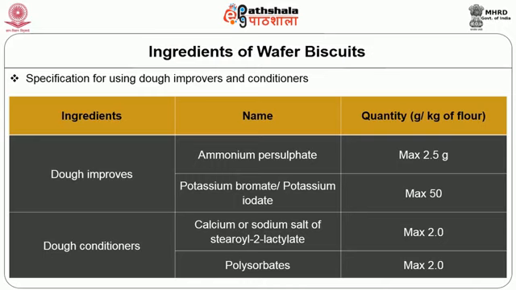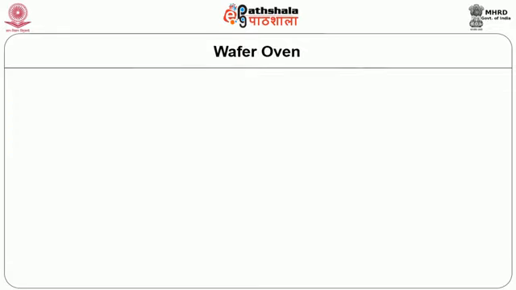Calcium or sodium salt of stearoyl 2-lactylate can be used as dough conditioner, and polysorbate also can be used as dough conditioner. Their quantity can be used as maximum 2 gram per kg of flour.